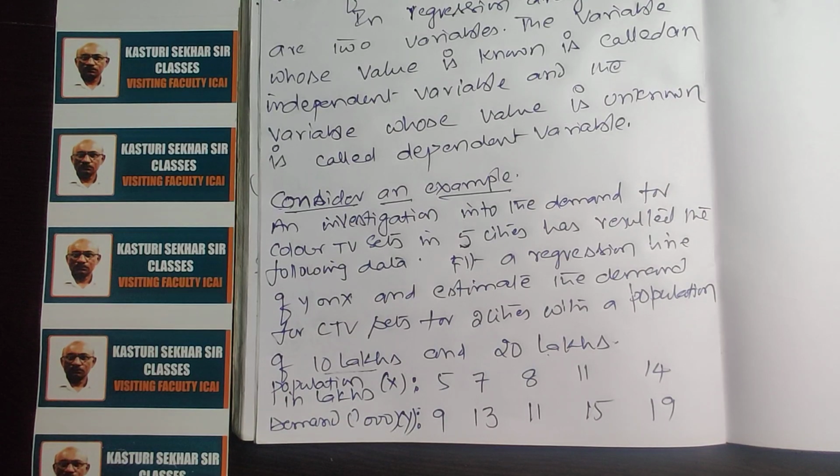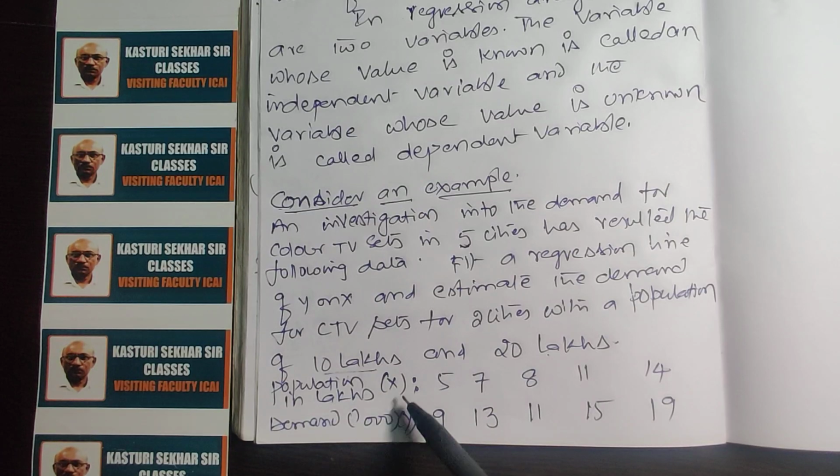Population of a city is given. In one city, population is 10 lakhs. Then what will be the demand for color TV sets in that city? What does it mean actually? There are two variables in this question. One is population, which I am denoting with variable x. Demand for color TV sets, I am representing with variable y.